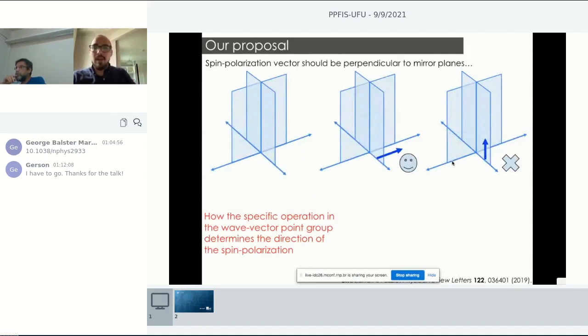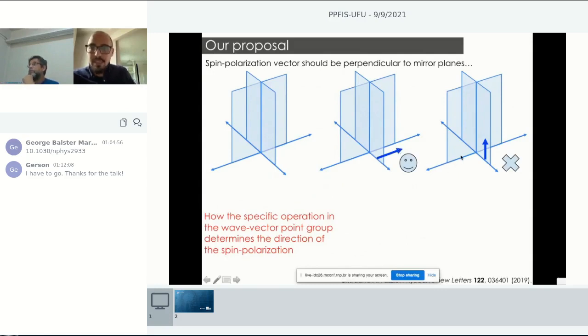Essentially, let's suppose that we have a symmetry plane. The symmetry planes are represented here by these blue planes, and the spin by this arrow, okay? Essentially, when we have a spin in these planes, the spin should be perpendicular to the plane to preserve that symmetry.